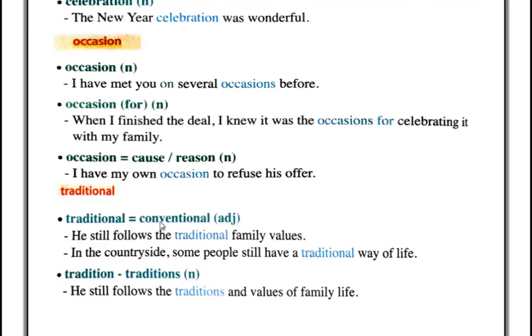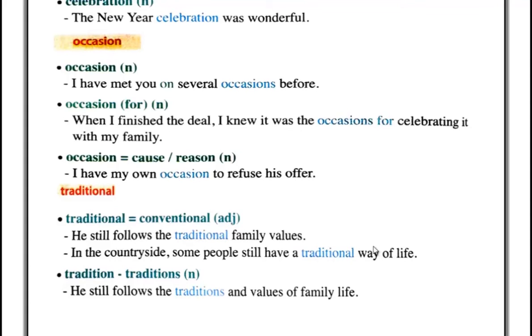Traditional, conventional. We said before that traditional means old fashioned, but here the meaning of traditional is conventional. He still follows the traditional family values. I mean that he still follows the conventional family values. In the countryside, not in the city, of course, some people still have a traditional way of life, an old way of life.